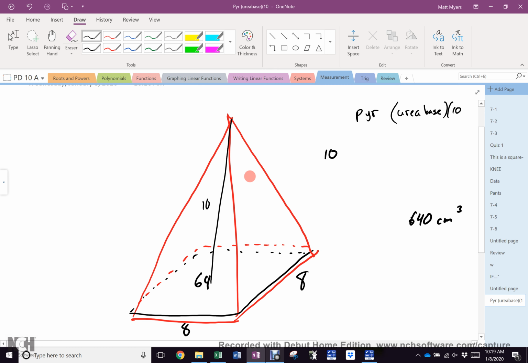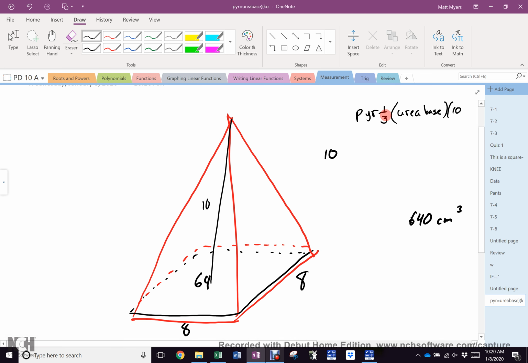Through experimentation, and what do I mean by experimentation? It has been determined that a pyramid and a prism that share the same base and the same height are exactly, the pyramid is 1/3 of the volume of its related prism.